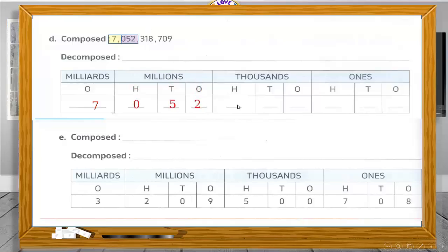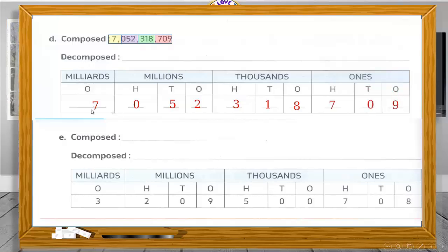Next period 318, in 100,000 place write 3, and 10,000 place write 0, write 1, in 1,000 place write 8, last period write 7 in hundreds, 0 in tens, 9 in ones.